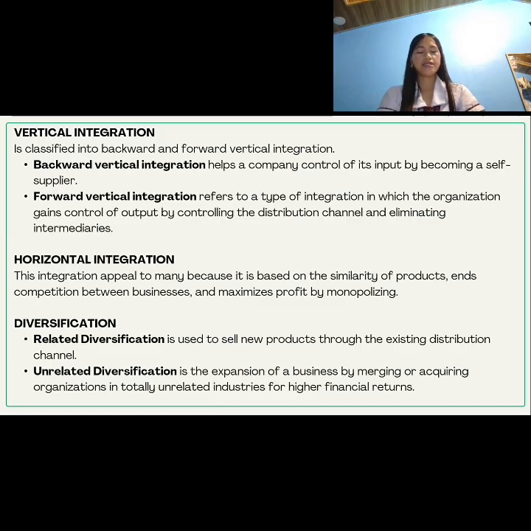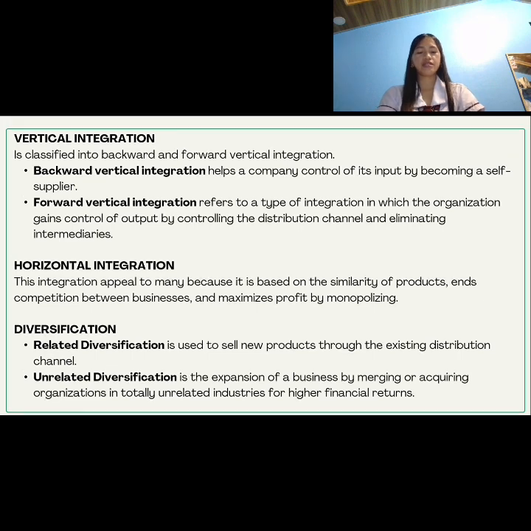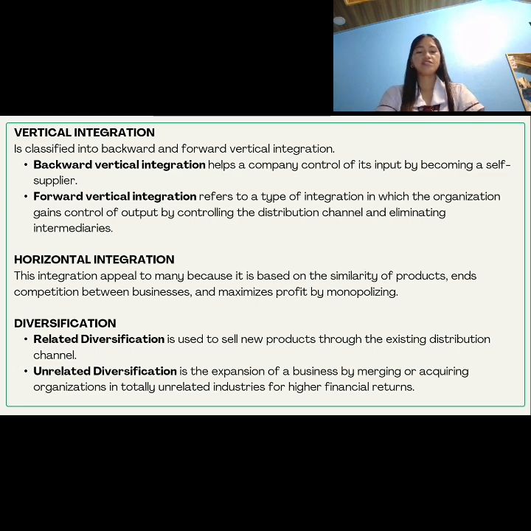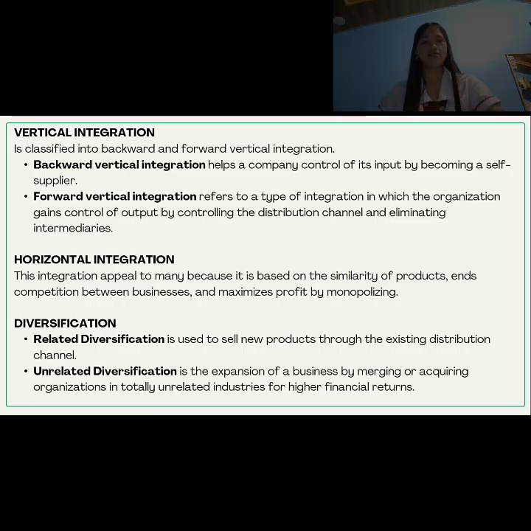Meaning, ang company is nag-take over sa distributors o retailers, moving downstream. Downstream meaning final process sa production and sale of goods where finished products are created and sold to consumers. Examples sa forward vertical integration kay ang clothing manufacturer nag-open og own retail stores.